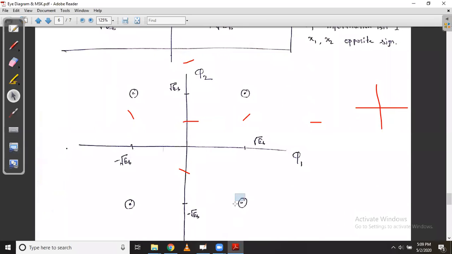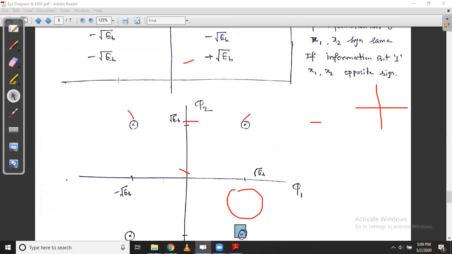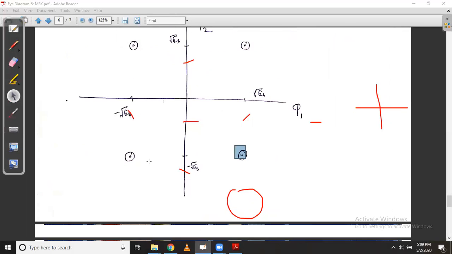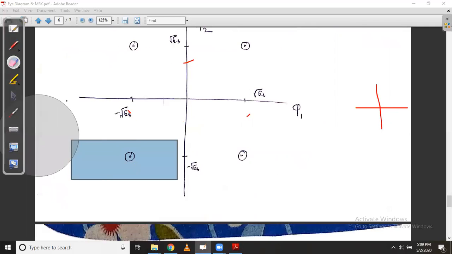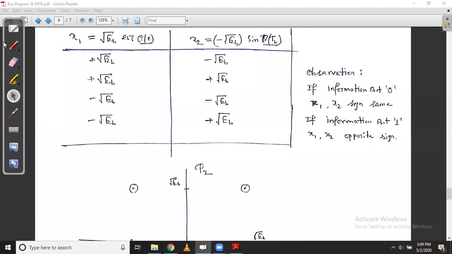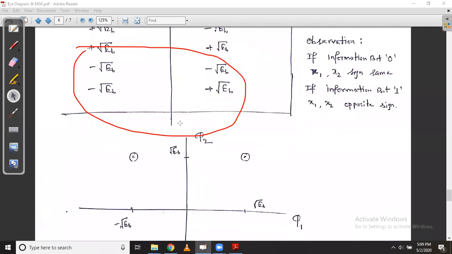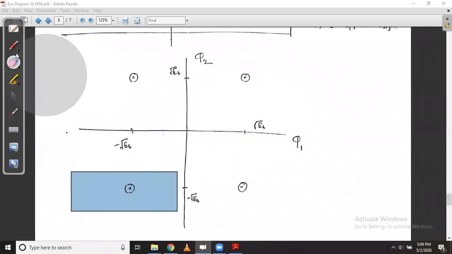This gives you this value. In that way, you will get all the values. Whenever you see minus root of Eb, minus root of Eb, that means this value. In that way, finally, with the help of these values, we are getting these 4 points, 4 message points or information bits.